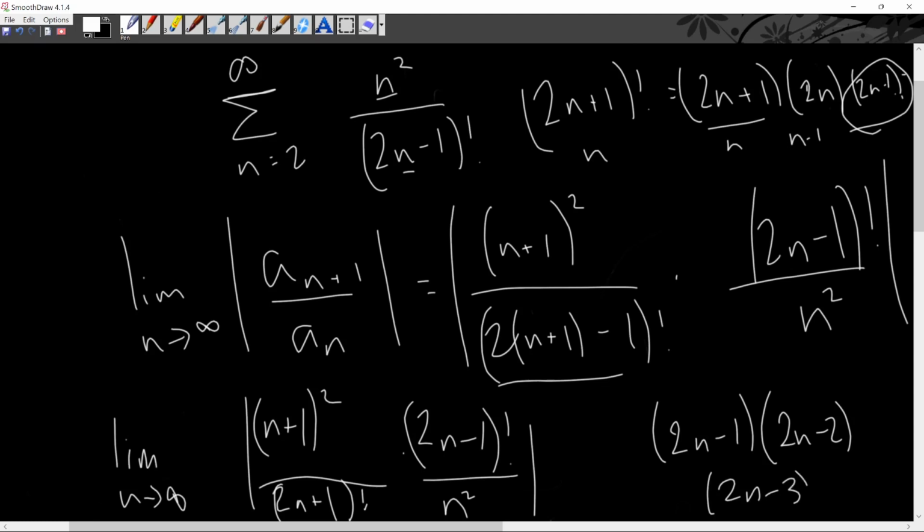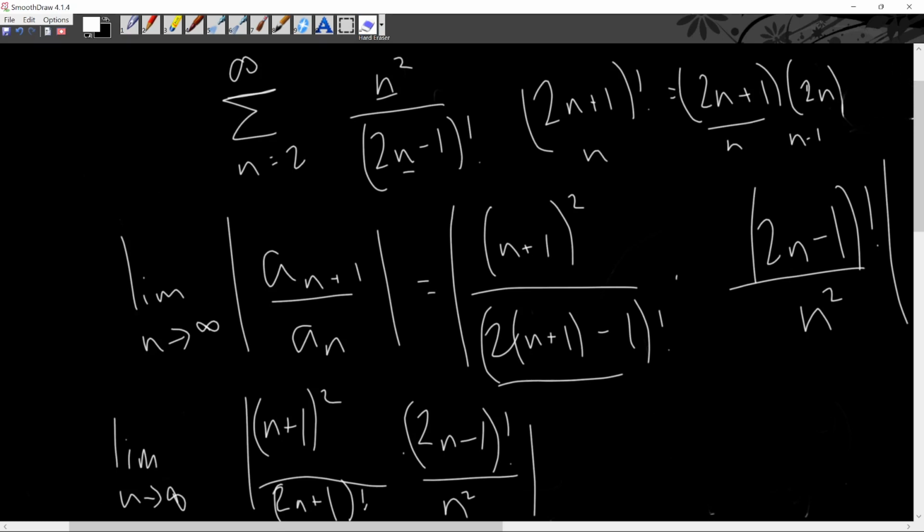This is 2n minus 1 factorial. So you can simply take out the 2n minus 1 factorial and say that 2n plus 1 factorial is equal to 2n plus 1 times 2n times 2n minus 1 factorial. So now we can actually cancel things out.